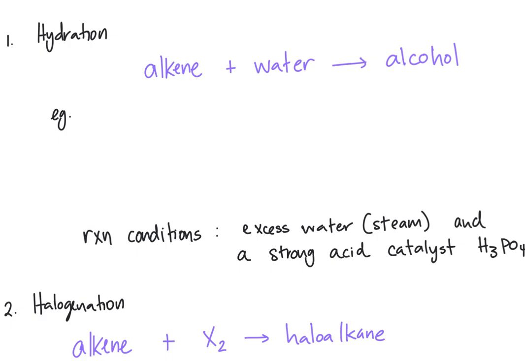Hydration is an alkene plus water gives an alcohol. So for example, ethene plus H2O should give ethanol. If I had to draw ethene, I need a double bond between the carbons.